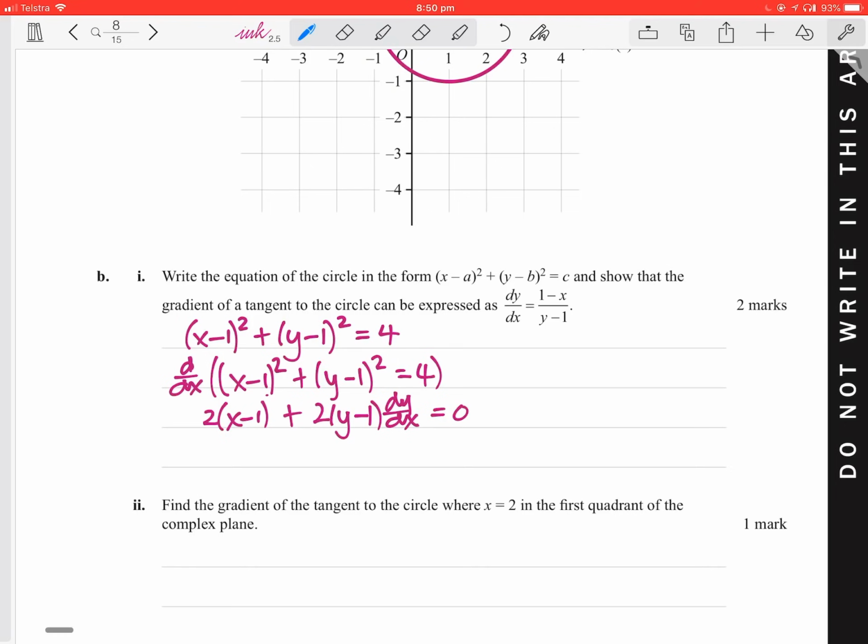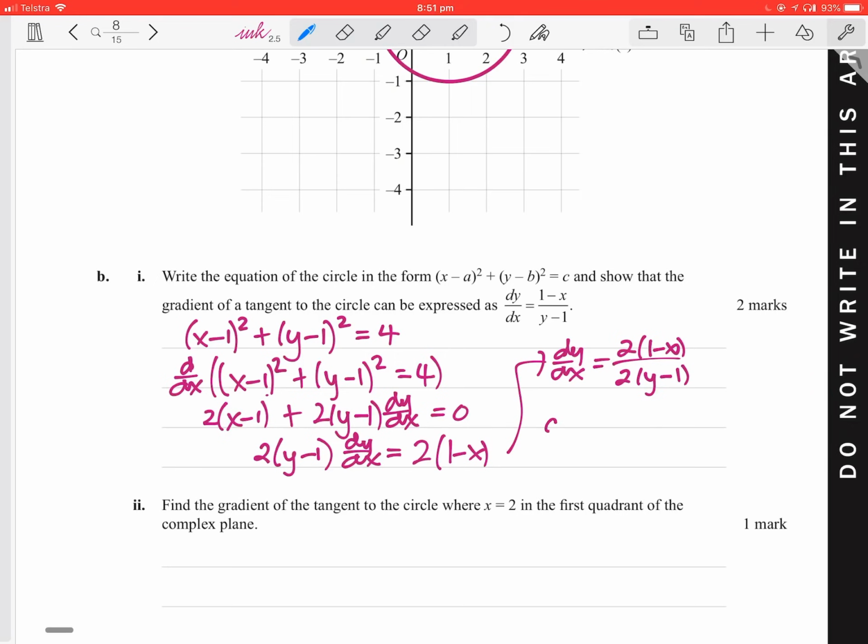So we get 2 times y minus 1 dy dx is equal to 2 times 1 minus x, because when we bring it over the other side, it's going to become negative, so I flip them around. Dy dx is equal to 2 times 1 minus x on 2 times y minus 1. Dy dx is equal to 1 minus x on y minus 1, which is what they want us to show, so we must have done something right.